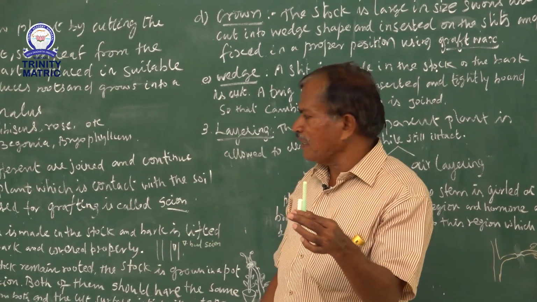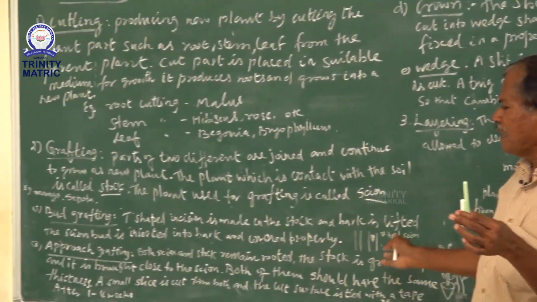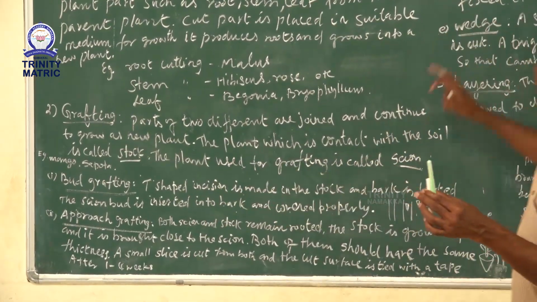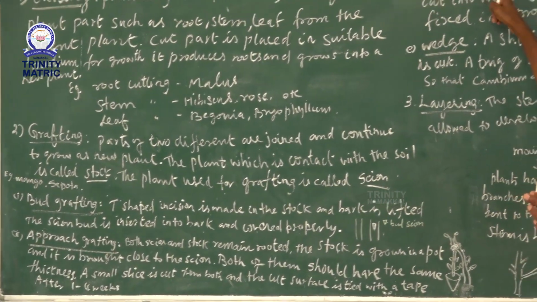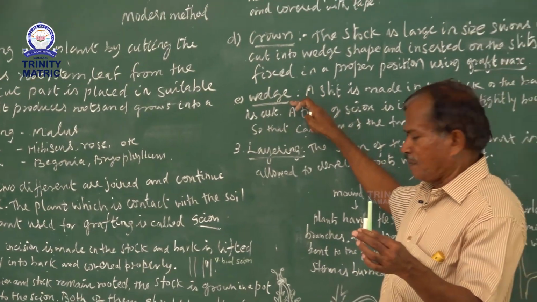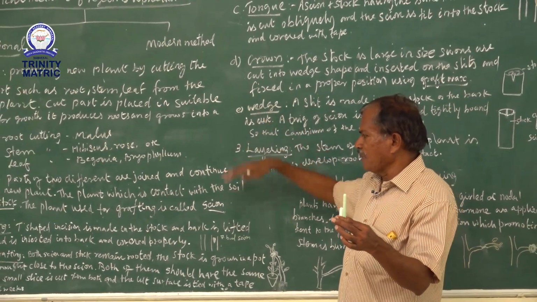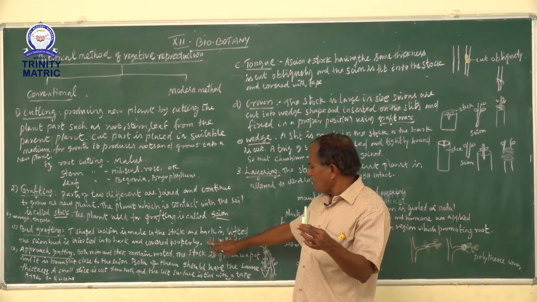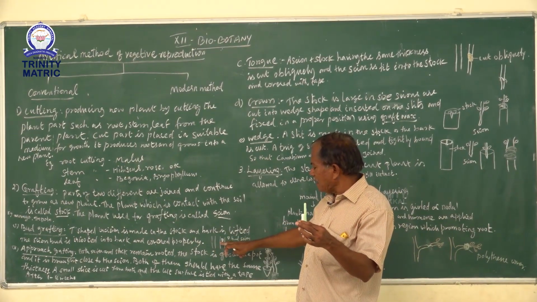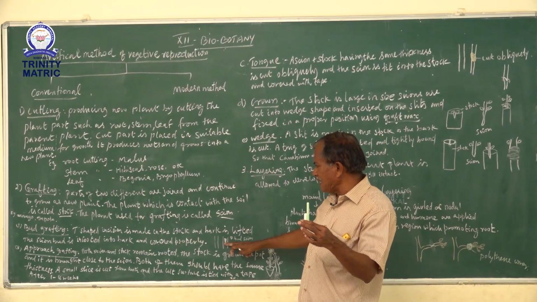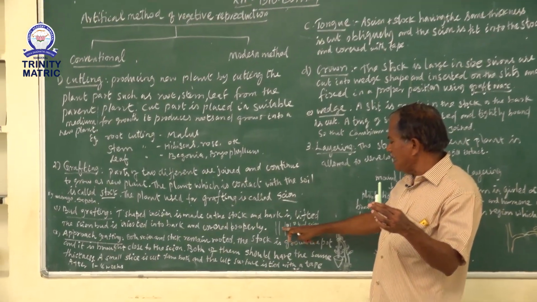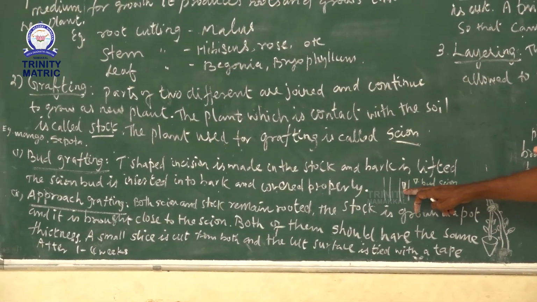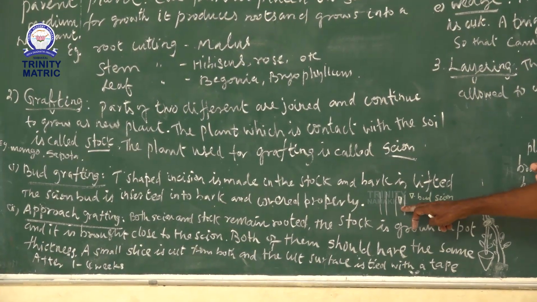Grafting is done by different methods: bud grafting, approach grafting, tongue grafting, crown grafting and wedge grafting. We will see them one by one. In bud grafting, you take a plant and make a T-shaped incision in the stock, and the bark is removed.